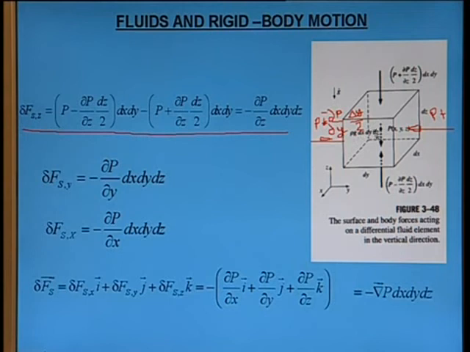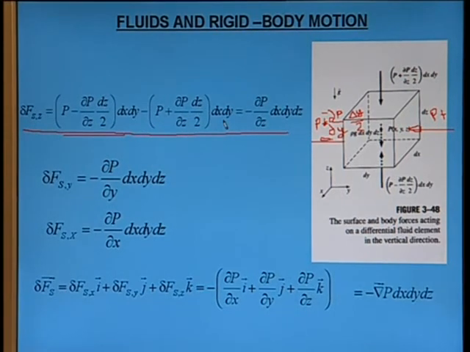So, the surface force acting in Z direction is equal to this force P minus, and minus this force in positive Z direction. So, we have written here P minus del P over del Z into dZ over 2 multiplied by the corresponding area, minus P plus del P over del Z into dZ over 2 multiplied by the corresponding area, is equal to minus del P over del Z into dx dy dz.